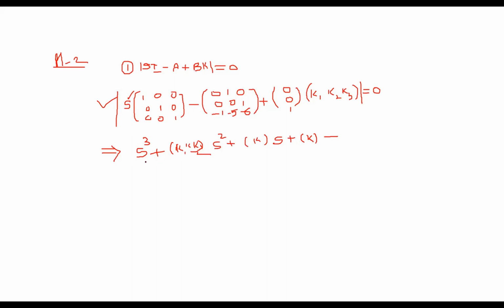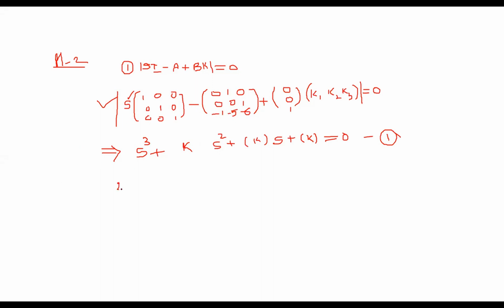I will get the polynomial looking like this: s cubed plus an expression in terms of K, into s squared, plus K into s, plus K is equal to 0. Okay, that is equation 1. This simplification process we have to do at home.